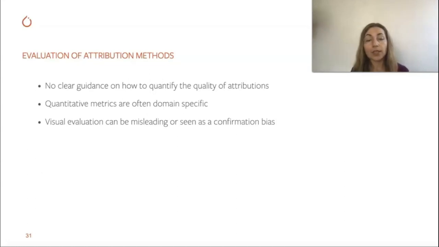As we can imagine, the evaluation of attribution methods is challenging, and there is no clear guidance on how to quantify the quality of attributions. Although there are new metrics coming up every day and new sanity check techniques have been developed, most of them are domain specific or are based on specific properties of an algorithm, but it's hard to find a method that is generic and applies to all attribution algorithms.